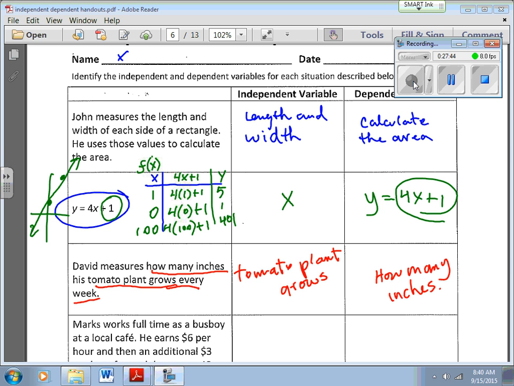Okay, so all right, he earns $6 an hour, and he gets an additional $3 per hour for each hour over 40 hours a week. So just something that you want to know: if he works over 40 hours a week, that's considered overtime. So every hour he works after the 40, he still gets his $6 per hour plus $3 an hour after that.